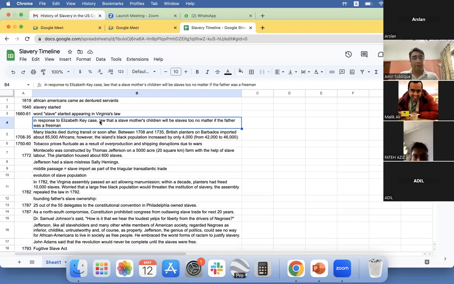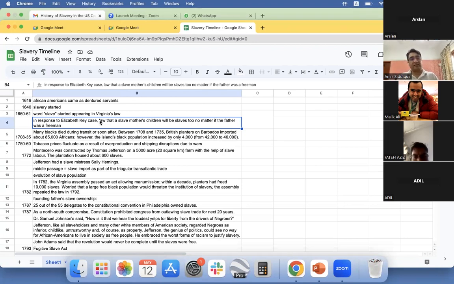But after that, there was a hue and cry in Virginia. As a response to this case, Virginian lawmakers made a significant change in the law. They passed a law declaring that a person's status, whether free or slave, would be determined by the status of the mother.